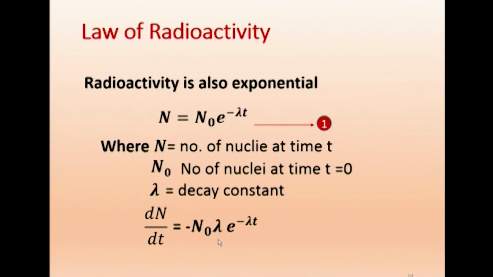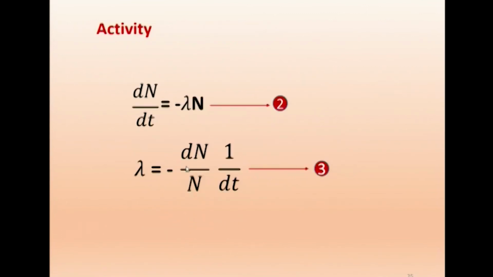So, I have just differentiated equation 1, and then I can put dN by dt equal to minus lambda N, because we already have the expression N0 e power minus lambda t is N from equation 1. Therefore, if we put that here, I get dN by dt equal to minus lambda N. That is what you have written here.